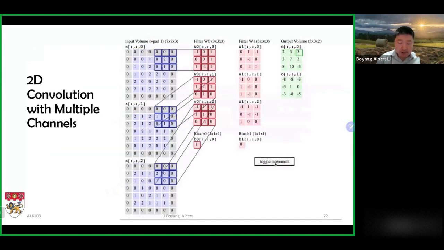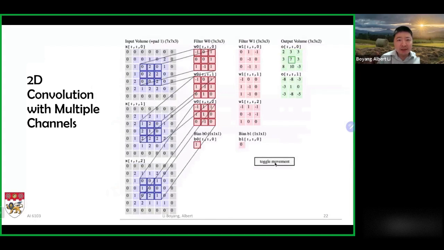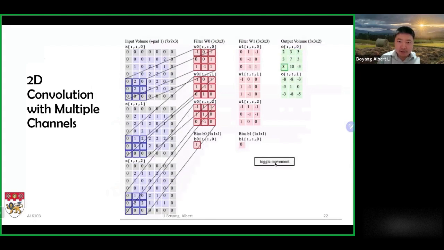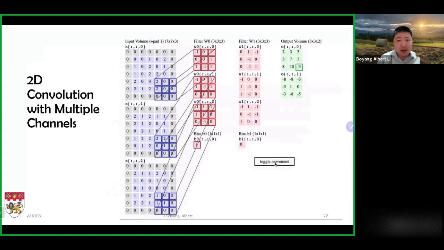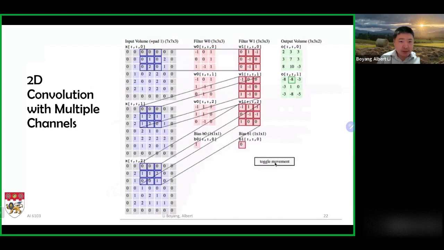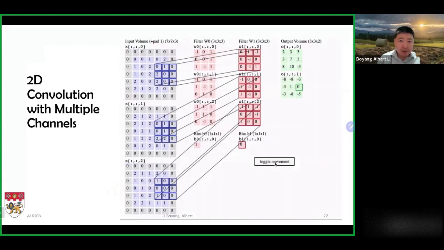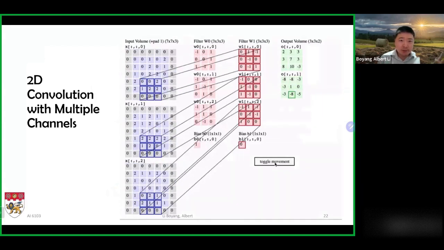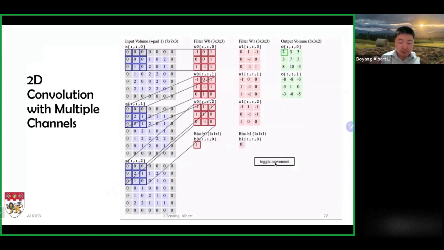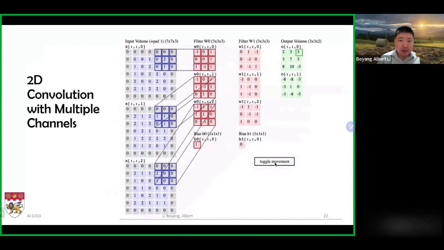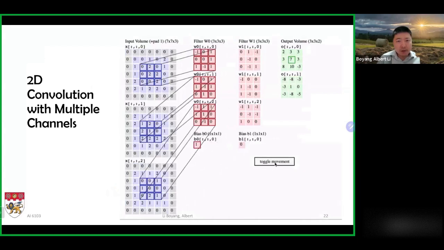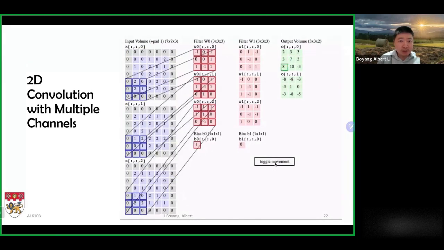Okay, this is yet another visualization. So I do have a lot of different visualizations. This is yet another visualization where we have not only 1 input matrix, but we have 3 input matrices. Okay, so this is referred to as different channels. And it's very common to have inputs with multiple channels.